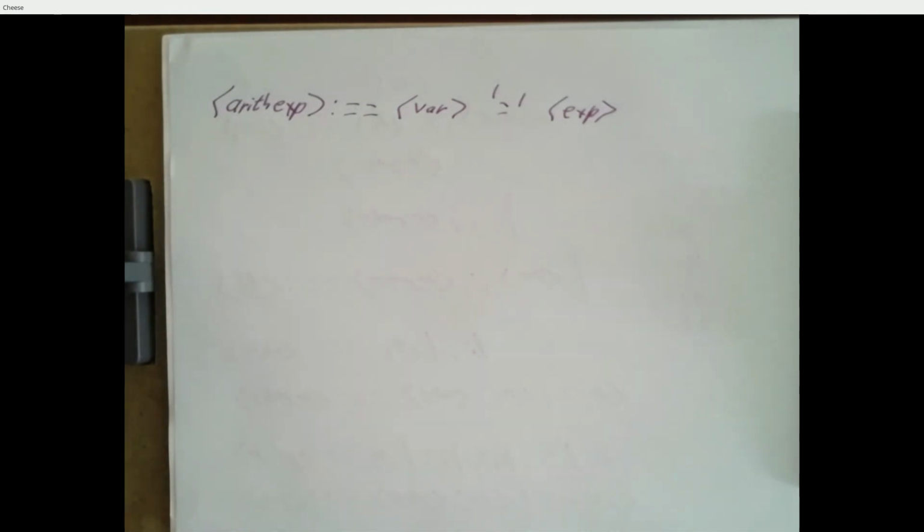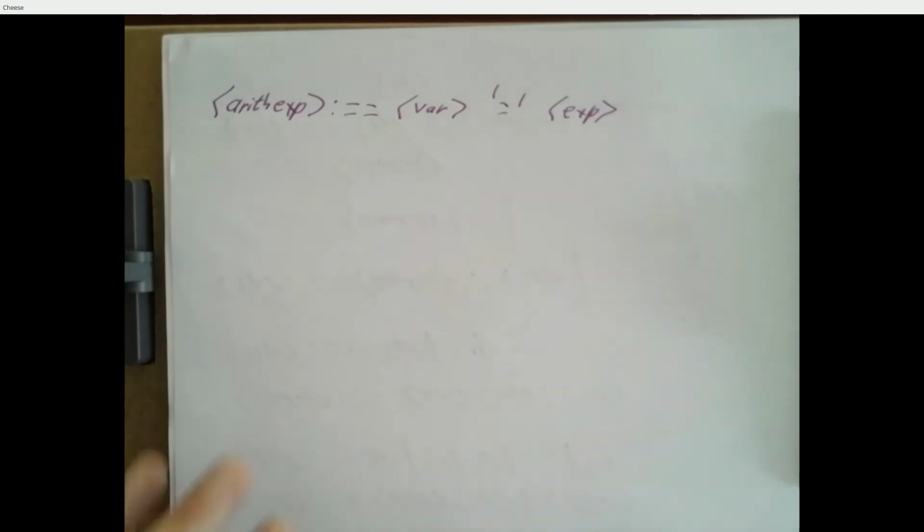And a variable is going to be a letter followed by a letter or a number, or just a letter. Usually a variable has to start with a letter, and then the rest of it can be letters or digits or underscores. I'm not going to worry about that right now.